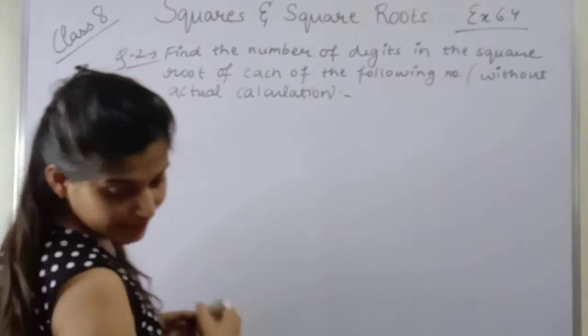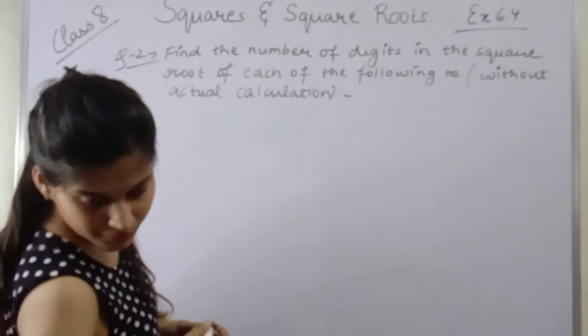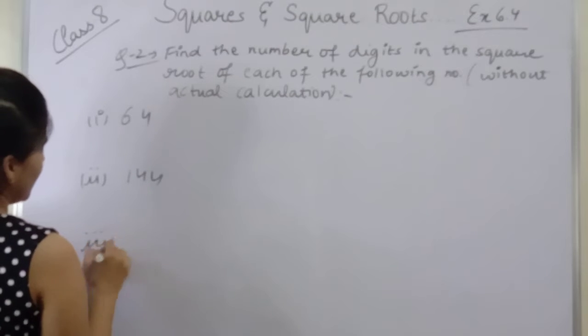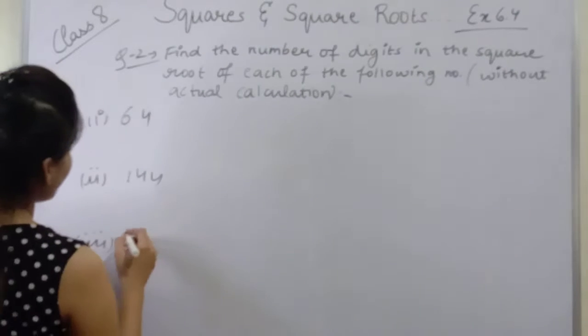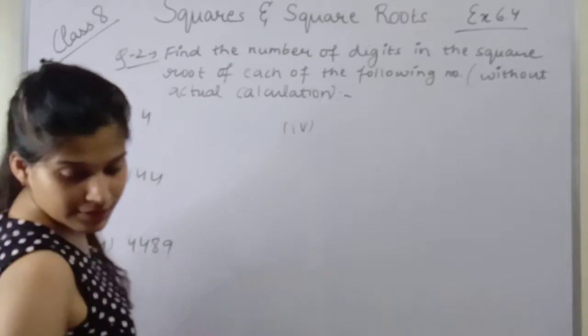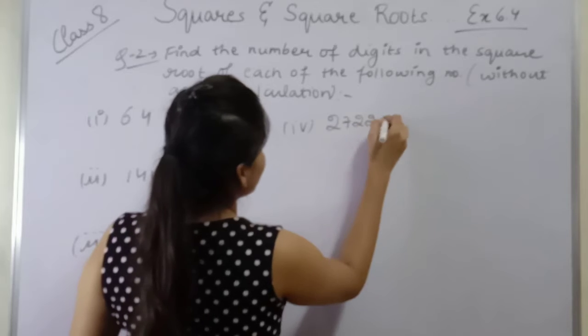First part is 64. Second part 144. Third part 4489. Fourth part is 27225.